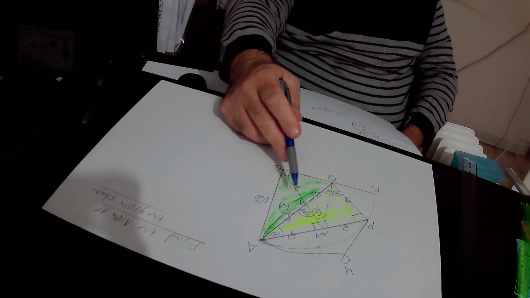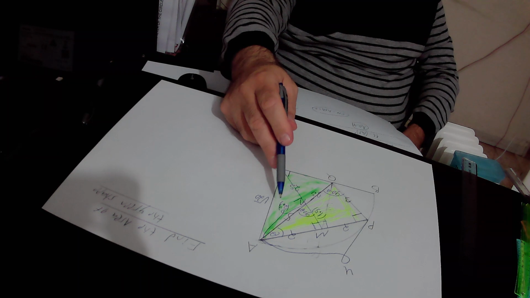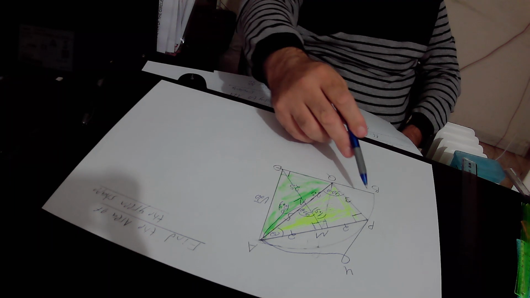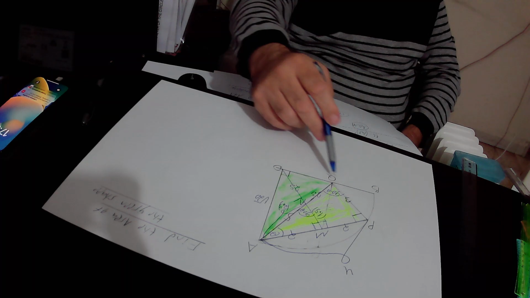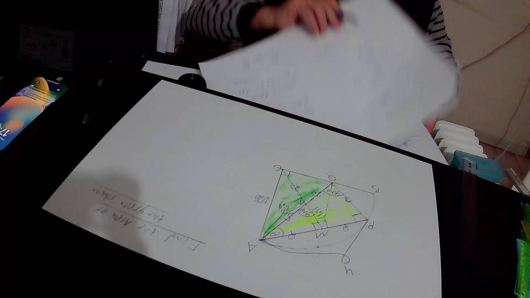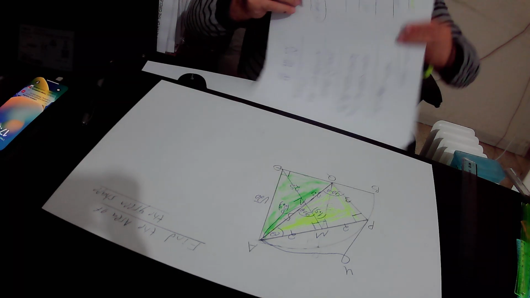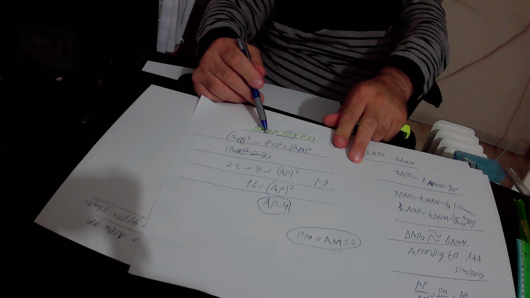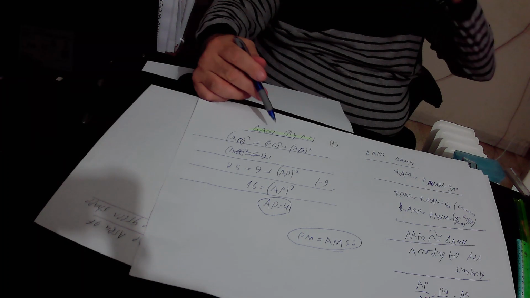The hypotenuse is AQ, therefore the square of the hypotenuse is AQ squared. It must be equal to PQ squared plus PA squared. Again, in the right yellow triangle APQ, AQ squared equals PQ squared plus AP squared.